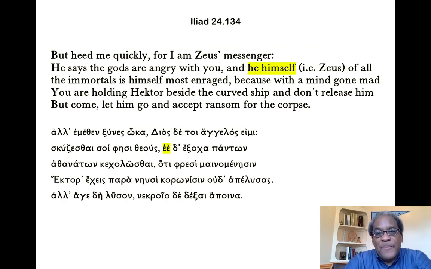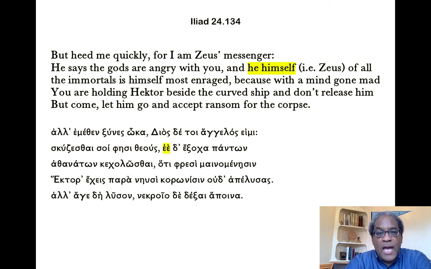And then a wonderful scene in the final book of the Iliad, where a messenger is sent to Achilles to explain to him how displeased the gods, and especially Zeus, are with his ill treatment of Hector's body. And the messenger says to him, "But heed me quickly, for I am Zeus's messenger.